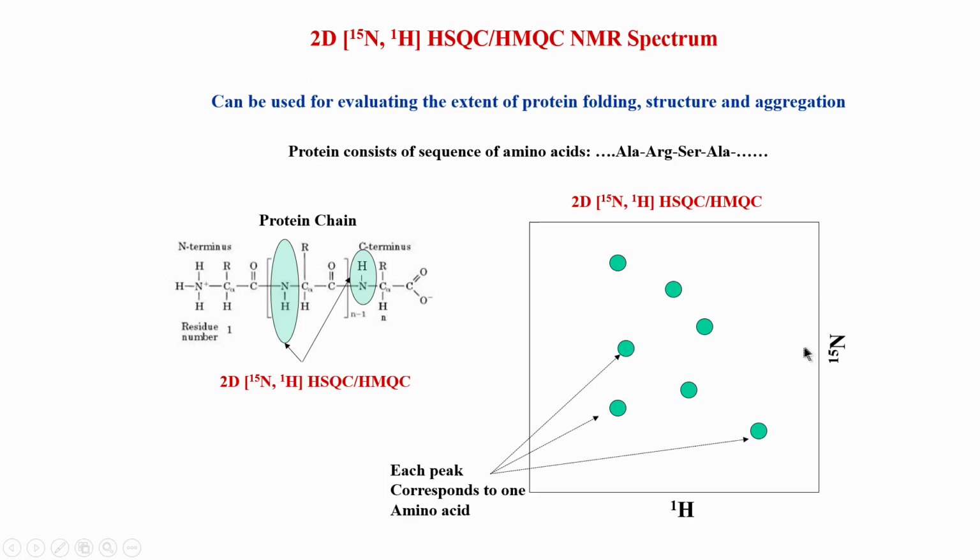So, this is a nitrogen-proton pair, and those pairs are what you can see in this picture. Each amino acid, because as I showed here there are n amino acids, so if you have n amino acids you have n such pairs in your protein, and each of these pairs will show up in the spectrum.